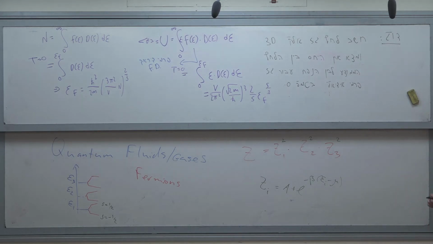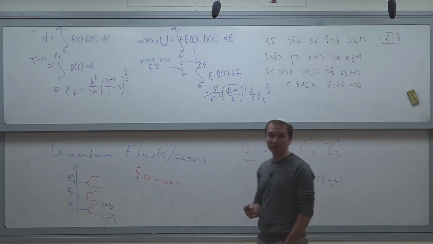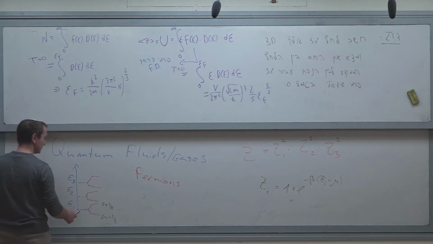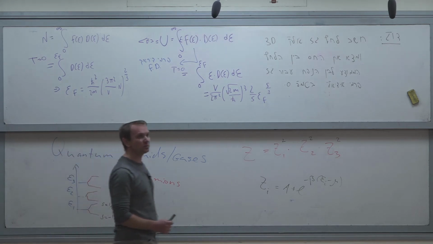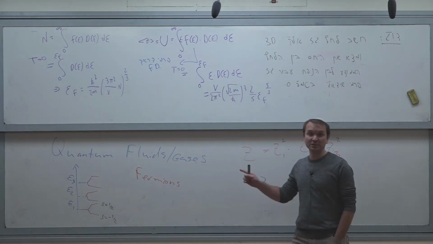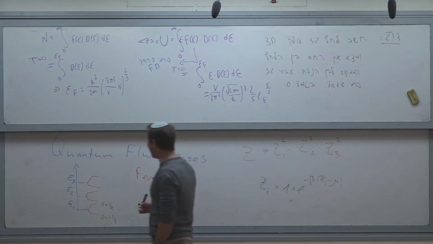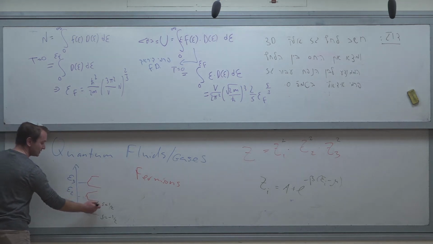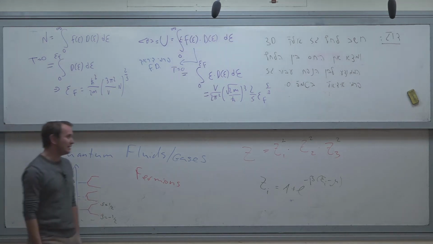We started to ask the question: what is the probability of finding a particle in a given state? If I'm looking at a given state over here, epsilon 1, what is the probability to find the particle in a specific state? Since we have factorization, we don't care what is going on in all the other states. We're only looking at the subsystem that includes only the specific state, and we're saying the following thing.